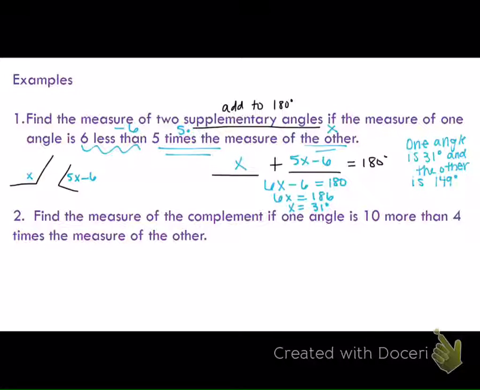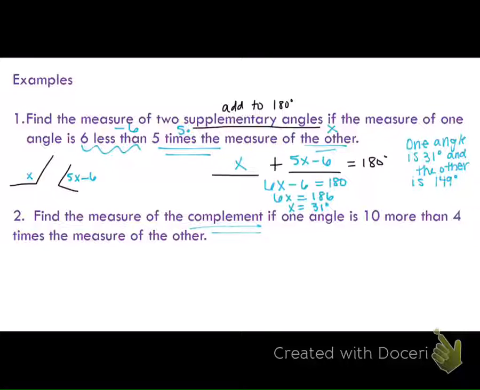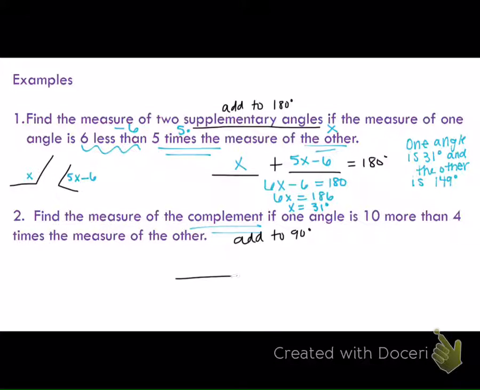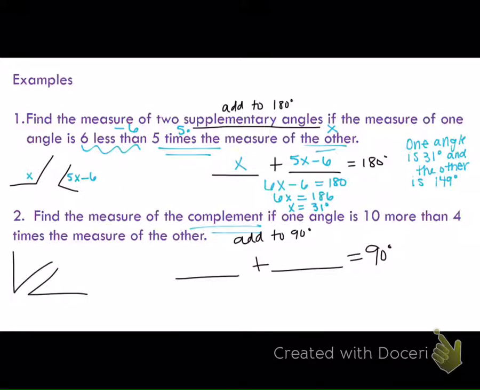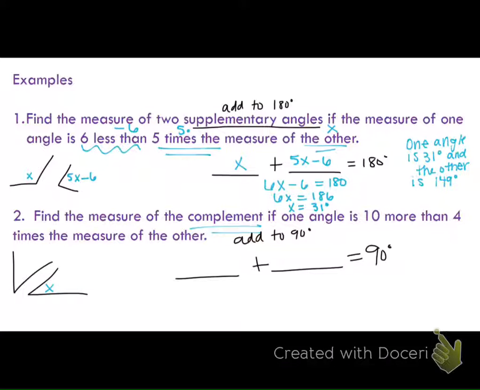All right? Next one here says find the measure of the complement if one angle is 10 more than 4 times the other. We know that complementary angles add to 90. So we're going to have 2 angles that add to 90 degrees. So I'm just going to draw one here, call one x. 10 more than means you're doing what?